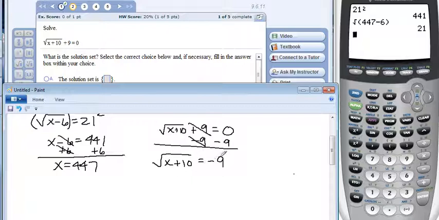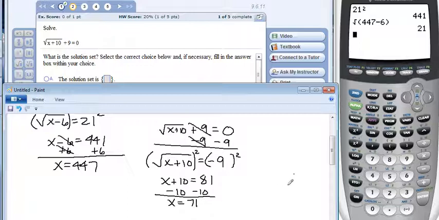Let's see, we've got a radical and we want to get rid of it, so we're going to square it. Okay, so the square root of a square is itself, and negative 9 squared is 81. And we're going to subtract our 10 across, so we have x is equal to 71.